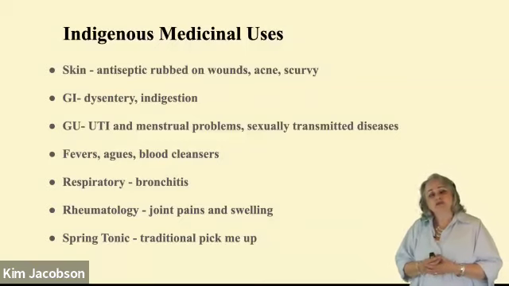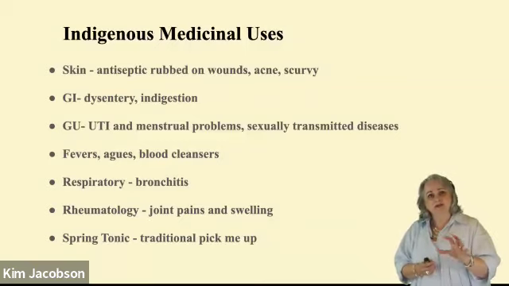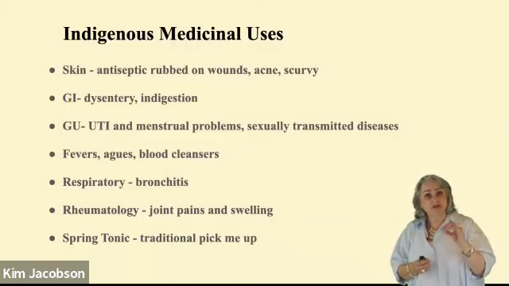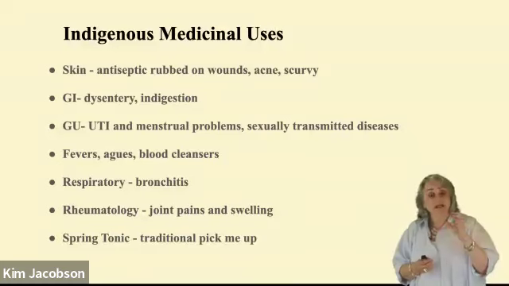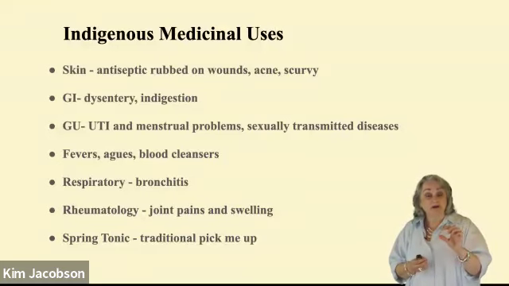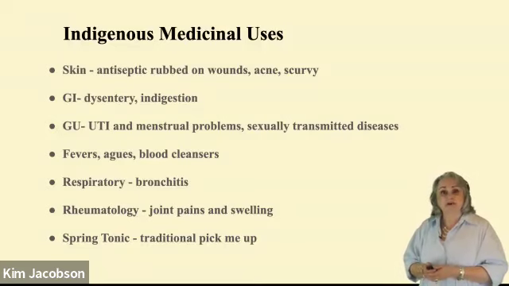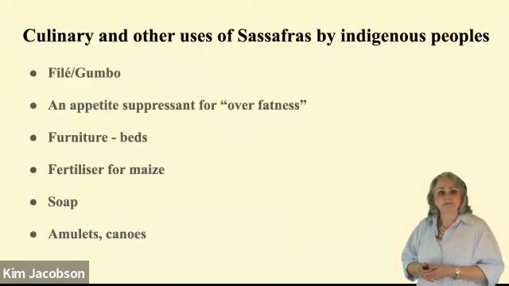But primarily, it was used as a spring tonic. It was widely used in the states that I showed you earlier, as a spring tonic, or a pick-me-up, if you like, where the new shoots and the roots were made into a tea, and sometimes the new bark as well, and this was drunk during springtime as a pick-me-up.